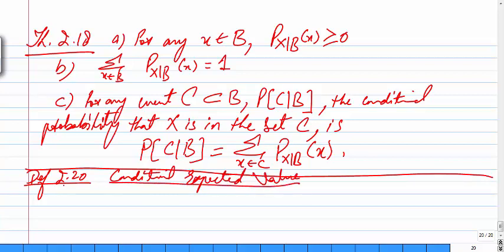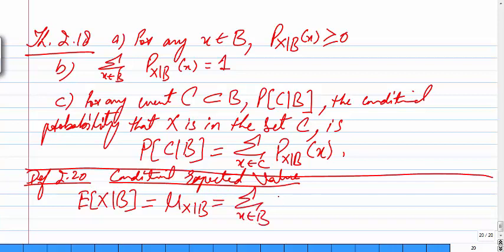The conditional expected value of a random variable X given B is written as mu_{X|B}, which is the sum over x belonging to B of x times P_{X|B}(x). The main idea is that expected value is computed with the PMF. If the PMF is conditional, then this is a conditional expected value.